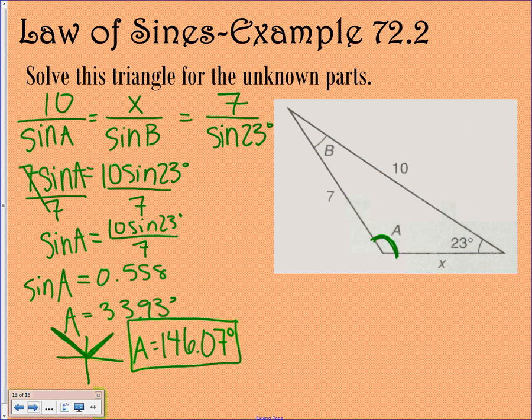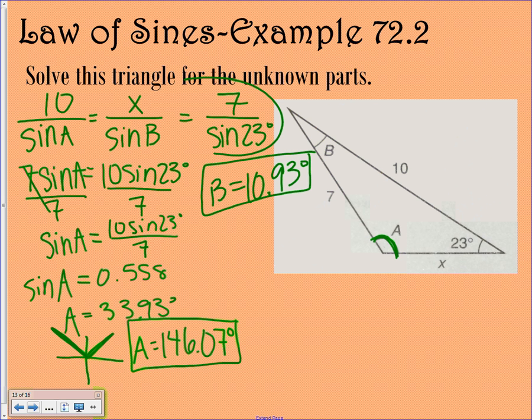So if angle A is 146.07, you can subtract it and 23 from 180, and you should get that B equals 10.93 degrees. And then if B is 10.93, we can use these two ratios here to solve for our x.